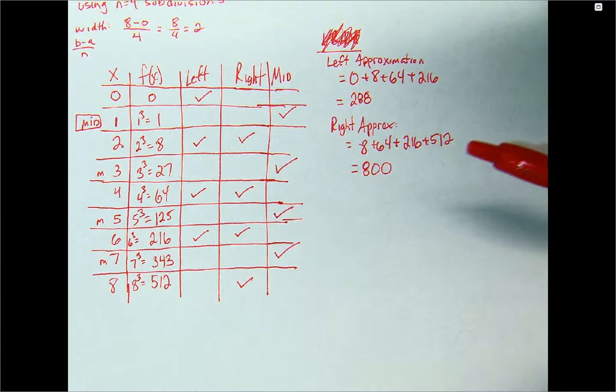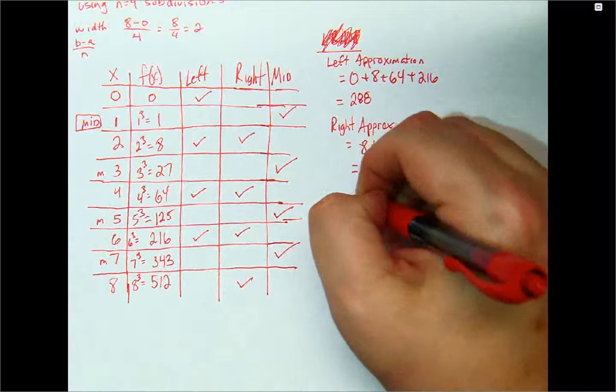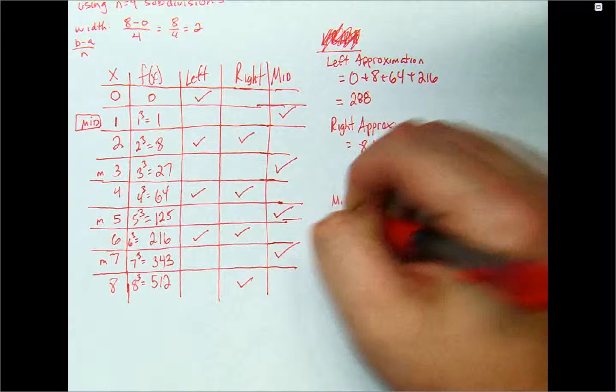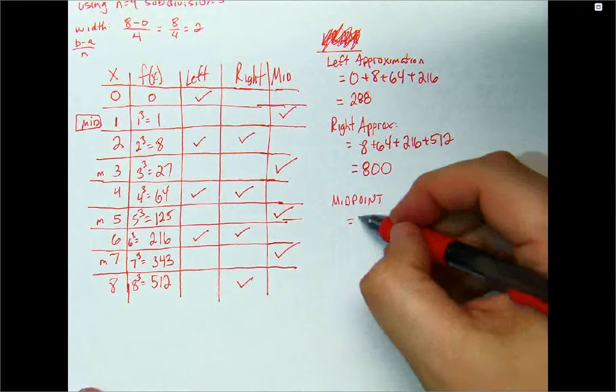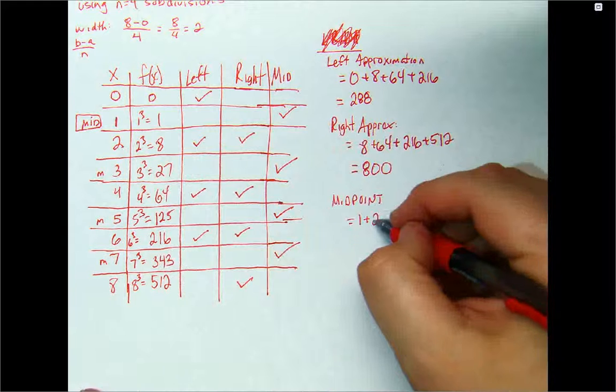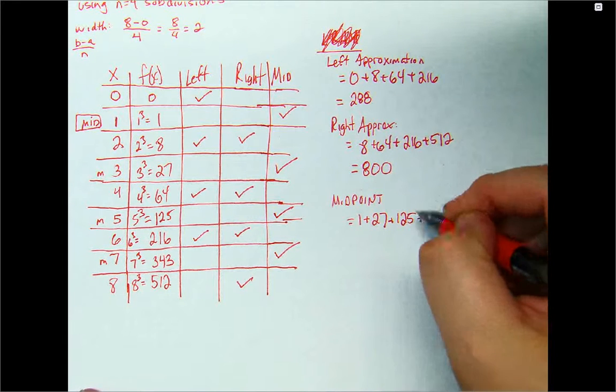Now, let's do the midpoint and use all the values for the midpoint: 1, 27, 125, and 343.